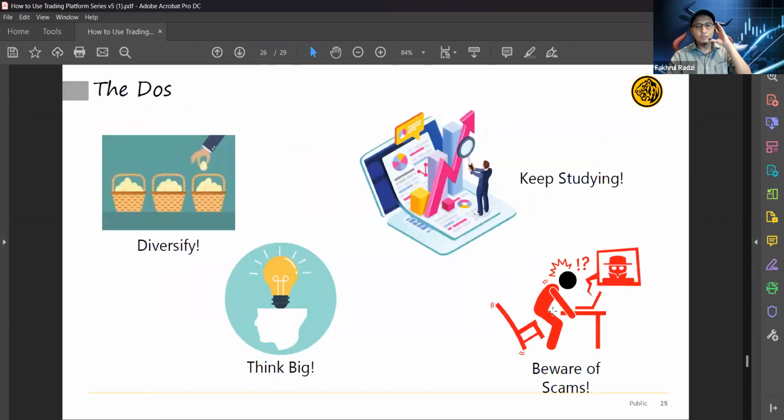Okay, there are do's and don'ts. Number one, the do's. Diversify your risk by separating your investment. Put in several baskets if you are uncertain about the potential and risk of your investment.